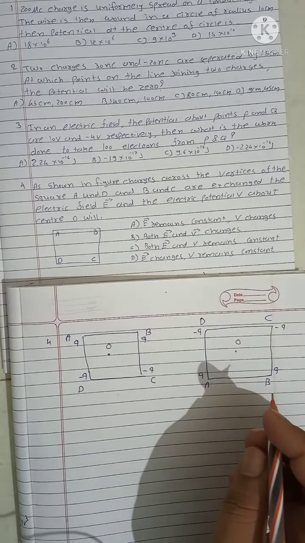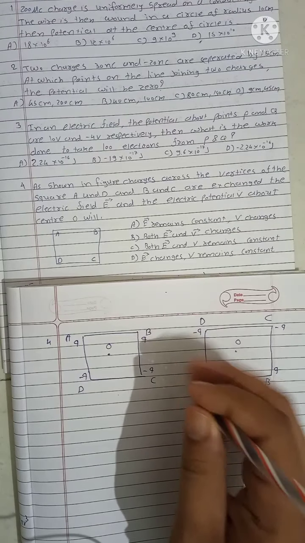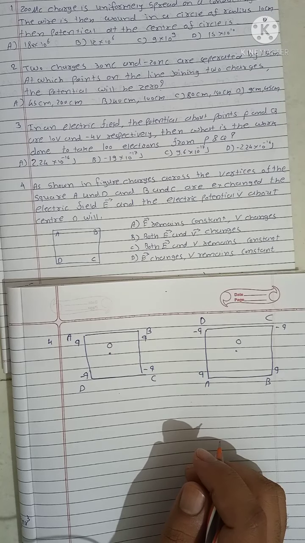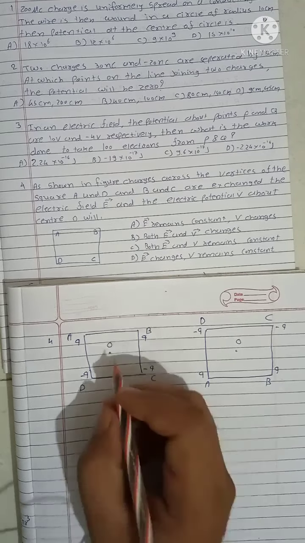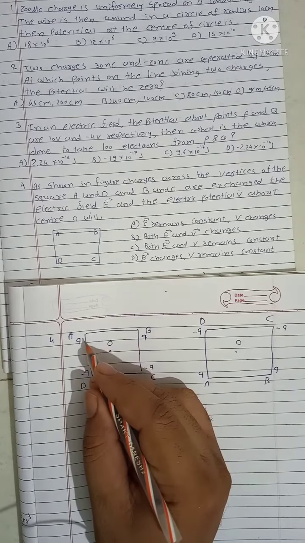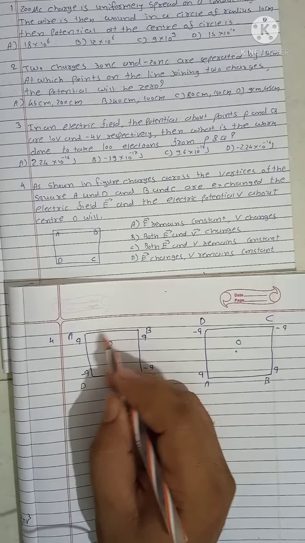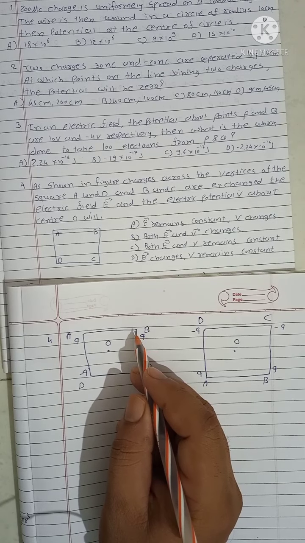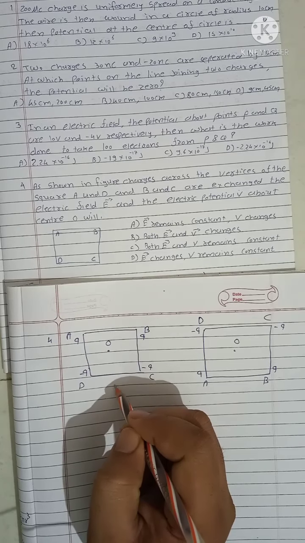First of all, we have to find the change in electric field. So what will be the change in electric field? Let's consider the first figure. In the first figure, A, B, C, D, positive charges are on the upward side and negative charges are on the downward side.